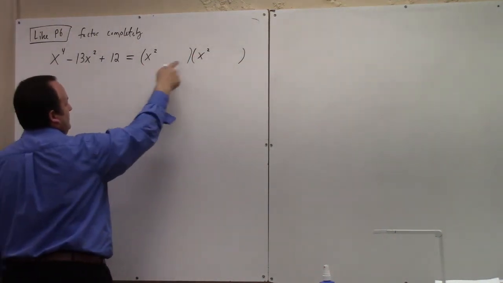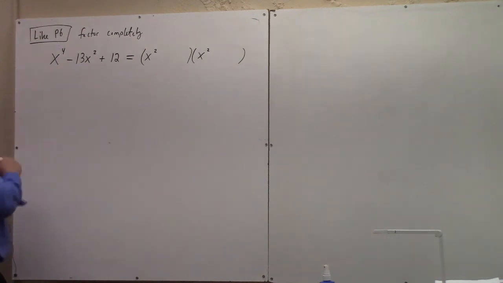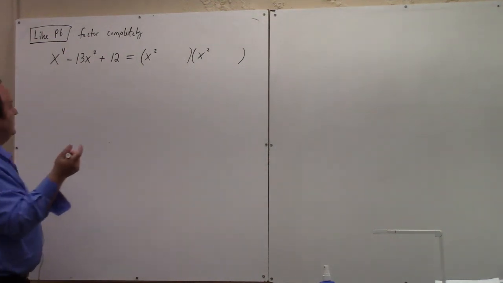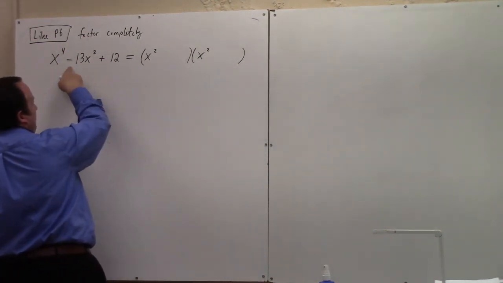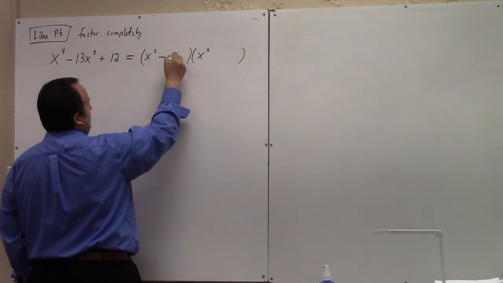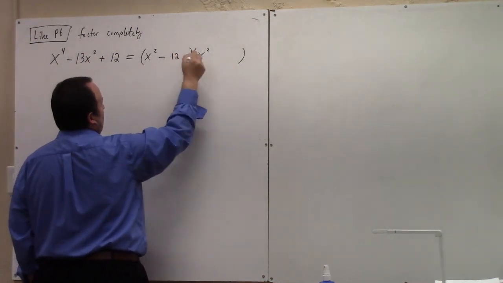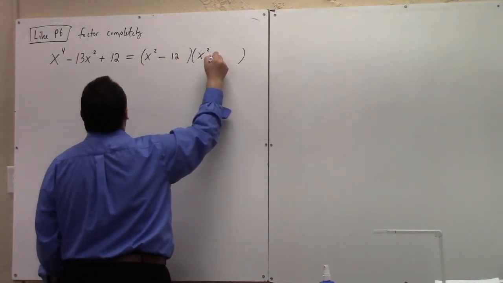So this will give me back the x to the 4th. How do I get 12? I get 12 from 12 and 1. And so I need a minus 13, so negative 12 and negative 1.